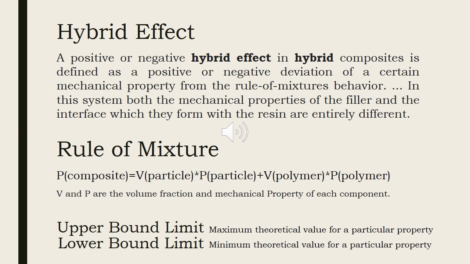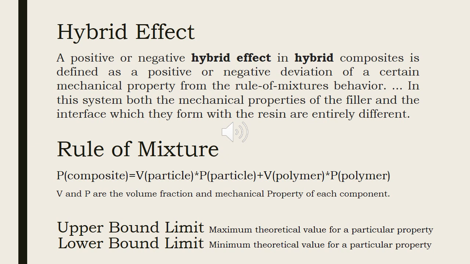Quantitative description of hybrid composite behavior affected by the amount and type of hybridization is of considerable interest. A positive or negative hybrid effect is defined as a positive or negative deviation of a certain mechanical property from the rule of mixture behavior.